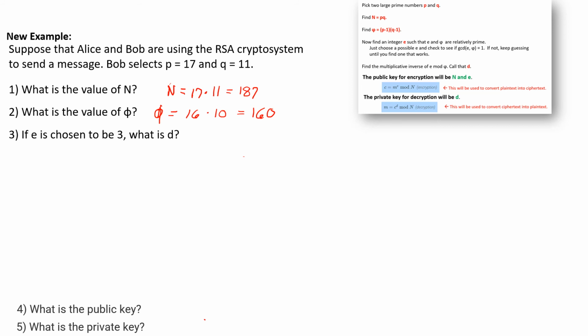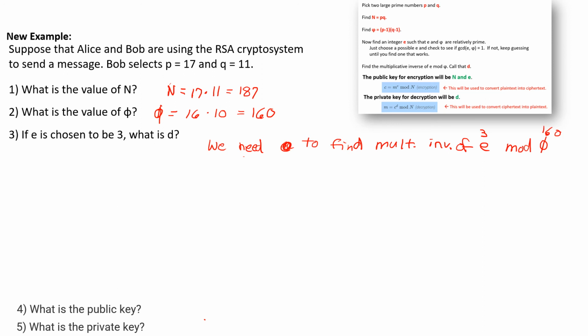So remember that what we want to do is find D by getting the multiplicative inverse of E mod phi. E is equal to 3, phi is equal to 160. So we need to go through Euclid's algorithm for these two numbers.